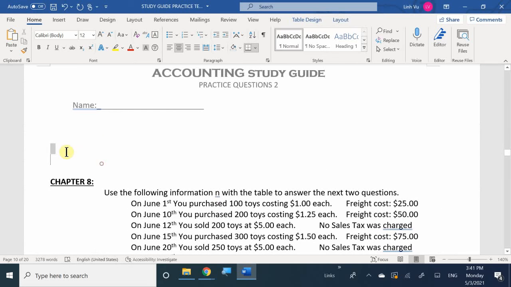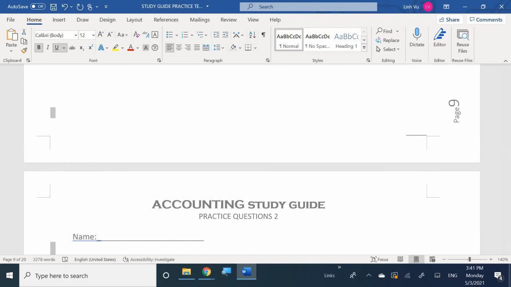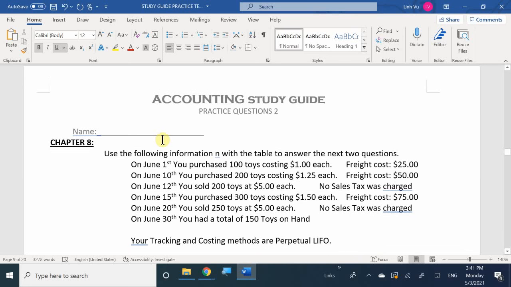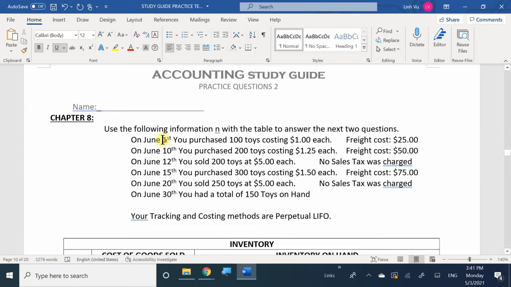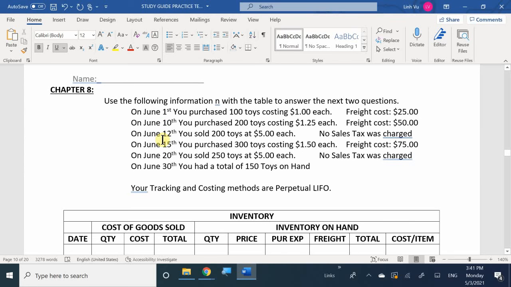That's why I left you all that journal space for a reason, so you can practice journalizing your transactions and completing them all the way. Exhaust your space. I made enough pages for you to enter all those transactions.